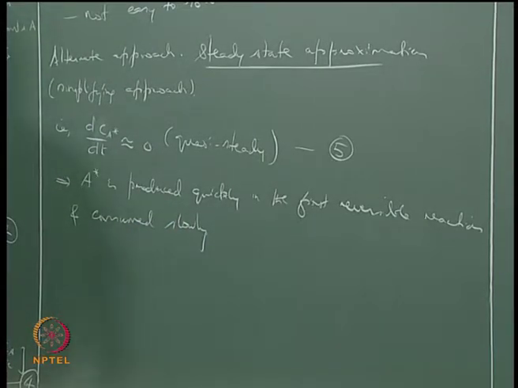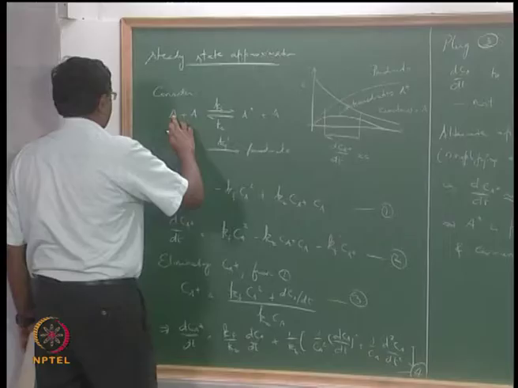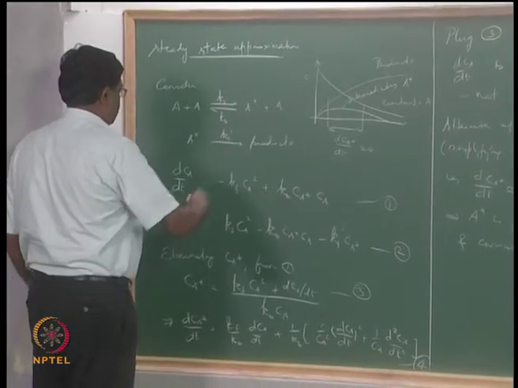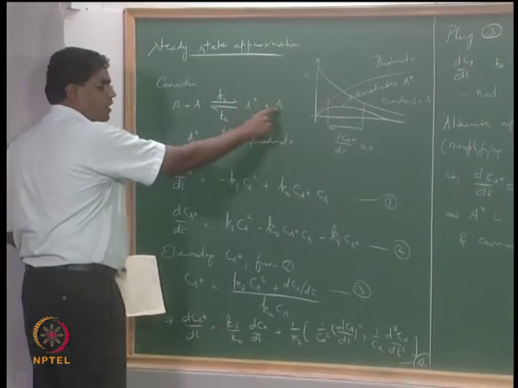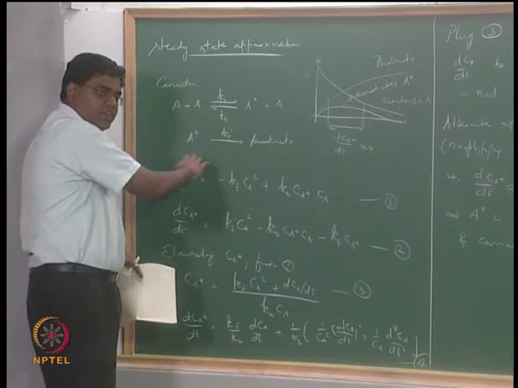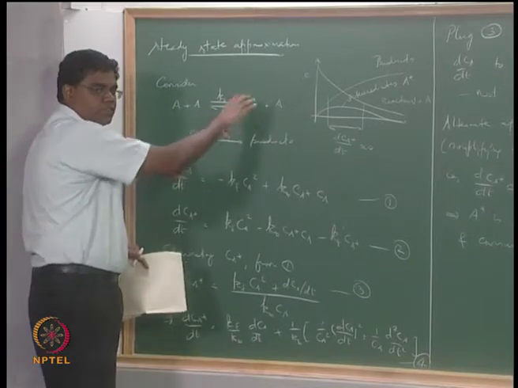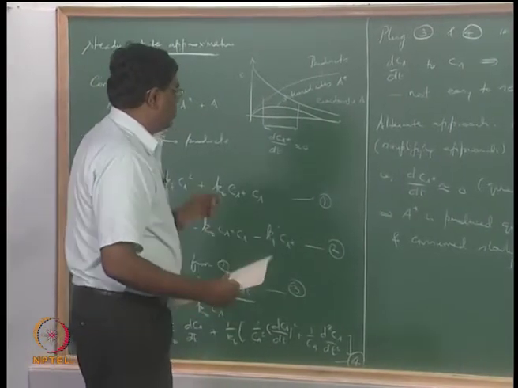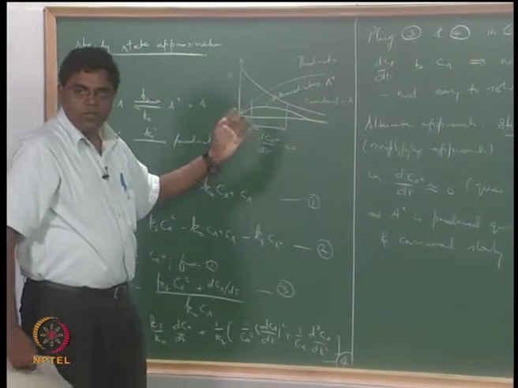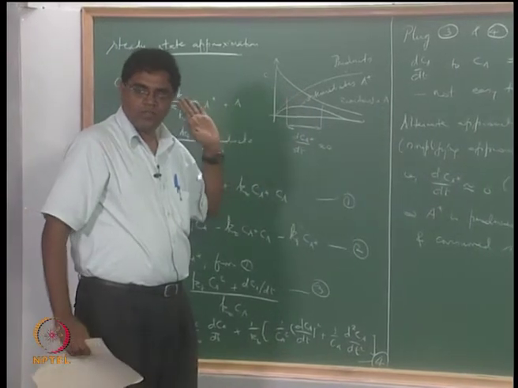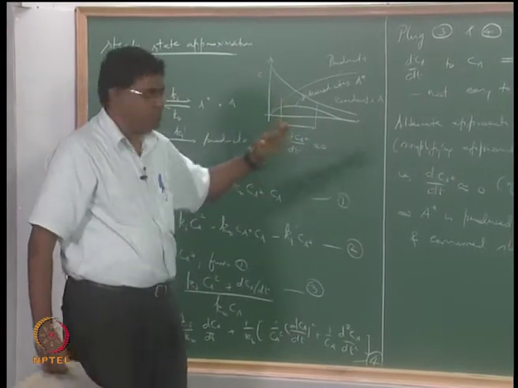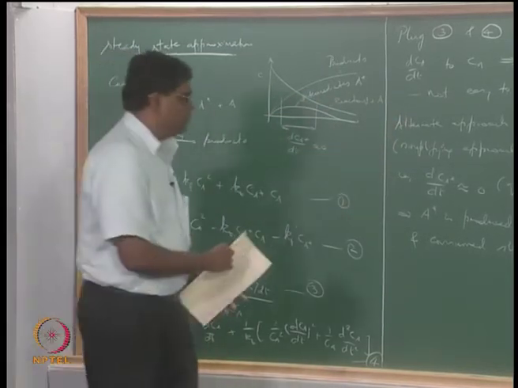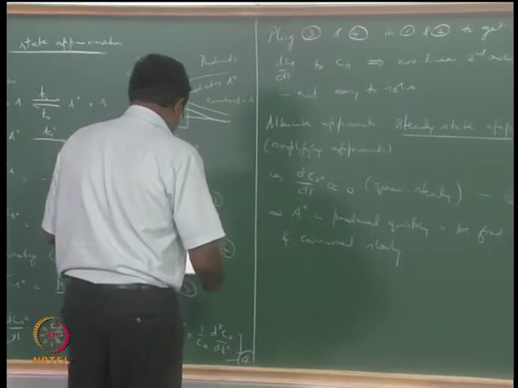The moment you have A molecules hitting each other, you produce A star, but its consumption with A in the backward reaction as well as its decomposition to form the products is relatively slow. In that case you are producing a lot of A star, but for a while it is there with a certain concentration that does not change a lot, therefore we can say on a quasi steady basis this is approximately 0.